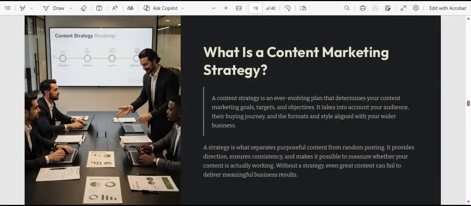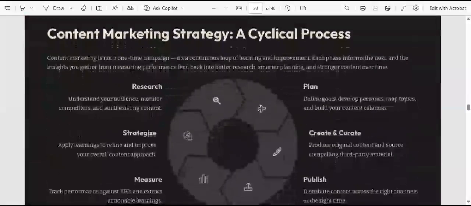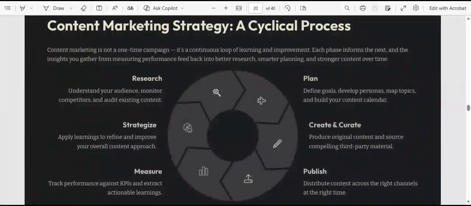A strategy is what separates purposeful content from random posting. You don't just wake up and post content. You have to be strategic. And content marketing strategy is a cyclical process. You have to plan for your content. You have to create and curate that content. You have to distribute and publish that content across the right channels at the right time.